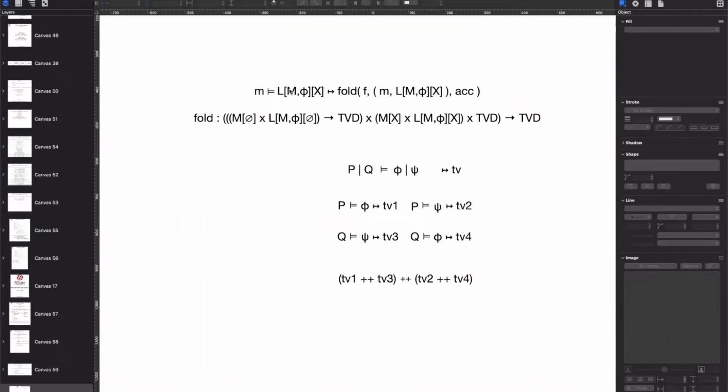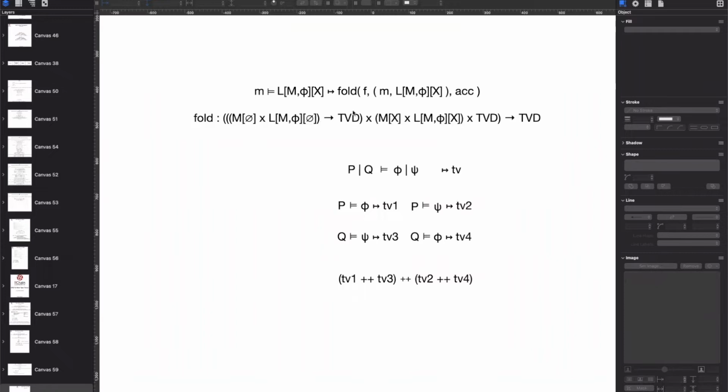Then we need to be able to turn those states into truth values. So for example, if M is the 0 process and this is the 0 logical formula, then we're at the bottom and we can't unpack any further. No more recursion.